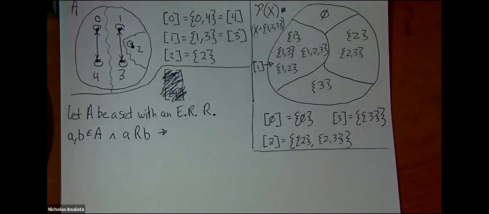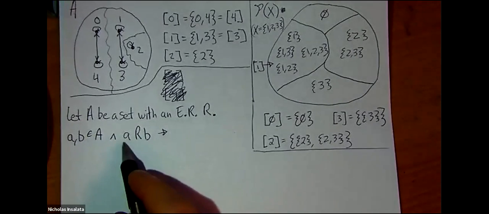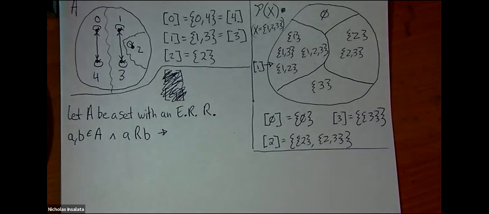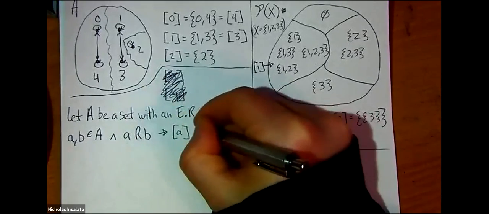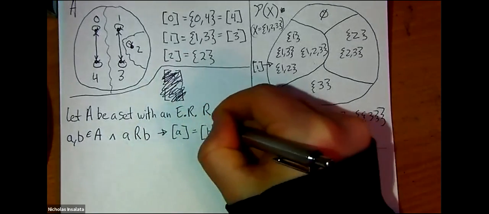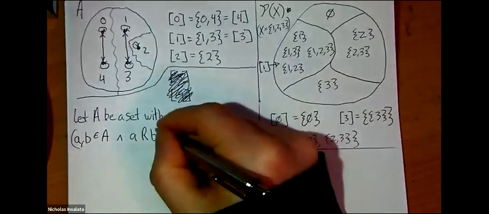What can we say about the equivalence classes if A and B are both elements of A and A relates to B? They're the same. Yeah, they're equal. Very good. Equivalence class of A equals the equivalence class of B. And I'll put some parentheses on here so you see where those are supposed to go.